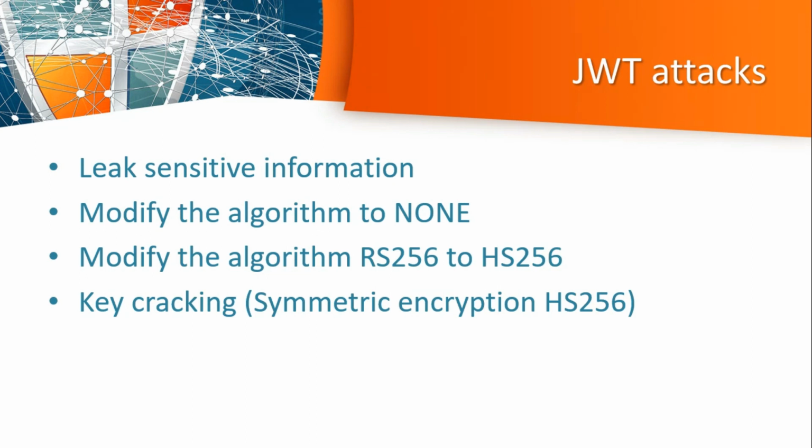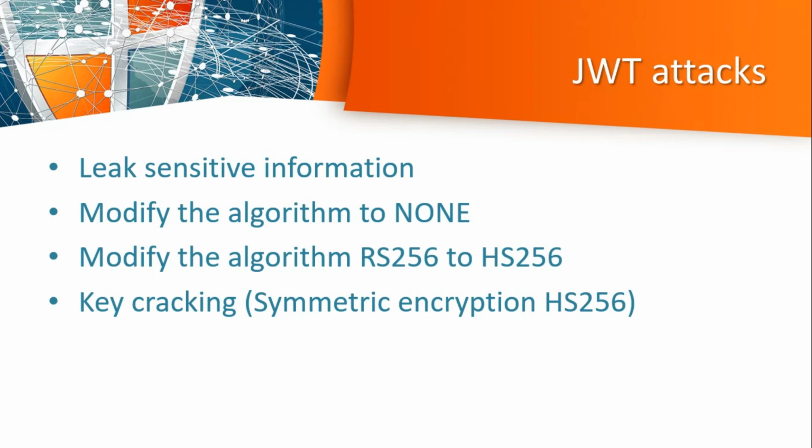Secondly, modify the algorithm to none. The signature algorithm ensures that the JWT is not modified by a malicious user during transmission, but the alg field in the header can be changed to none. Some JWT libraries support the none algorithm, which is no signature algorithm, and when the alg is none, the backend will not perform signature verification.